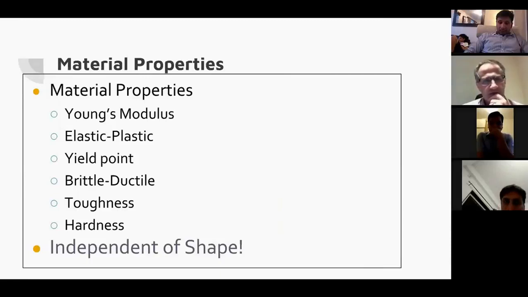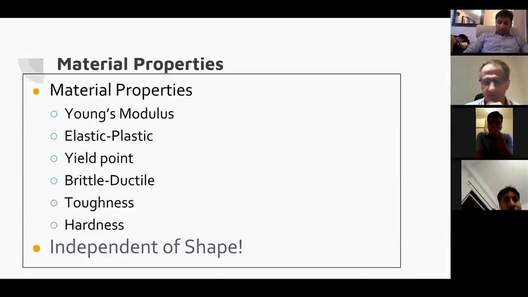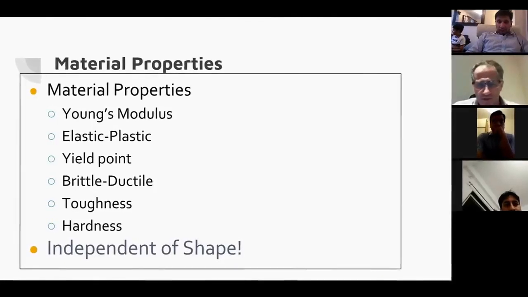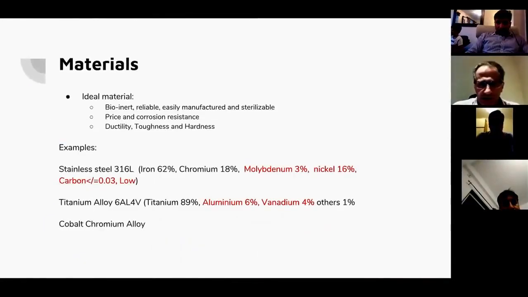So, material properties. You need to discuss Young's modulus, elastic, plastic, yield point, the brittleness or ductile features of your device, and the toughness and hardness of them. And remember, material properties are independent of shape. My ideal material would be something which is bio-inert, reliable, easily manufactured, and sterilizable.